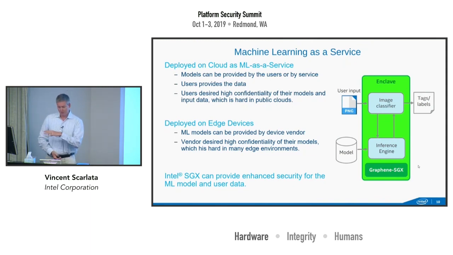But you find very similar requirements in edge devices. We were talking before about how so much data is being produced on the edge that you just can't afford to take all of that data and send it to the cloud. And so you're seeing more mining of that data being done locally, or at least closer to the edge. In that case, those models are equally valuable, if not more, because there's usually a significant commercial element to those.